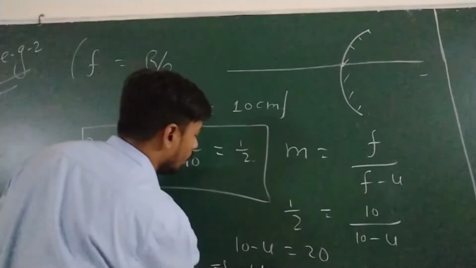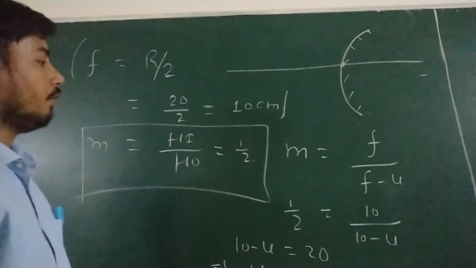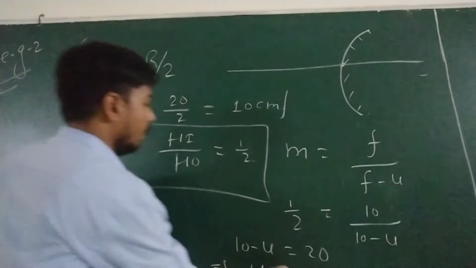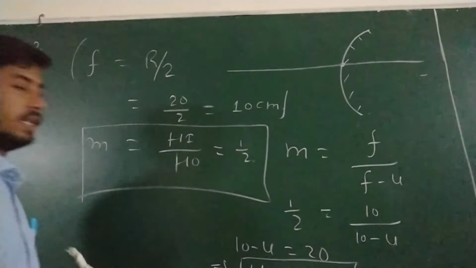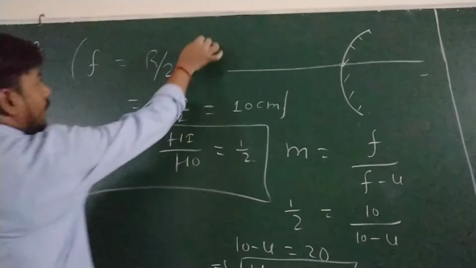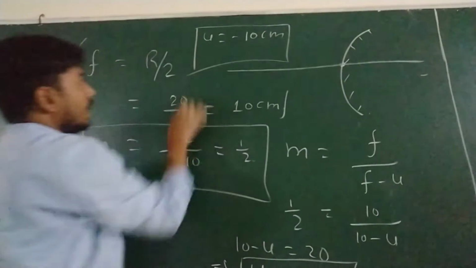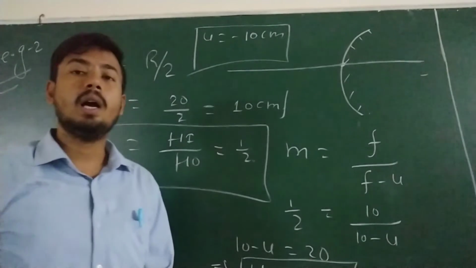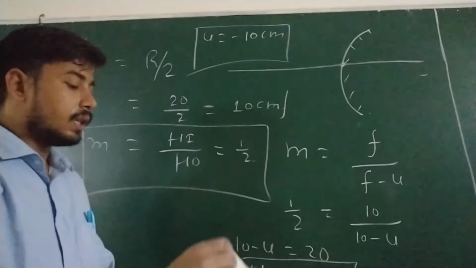So u becomes minus 10 centimeter. So in this question, I am writing here u is equal to minus 10 centimeter. These are very easy questions based on mirror formula and formula of magnification. Right? So we are going to discuss another question.